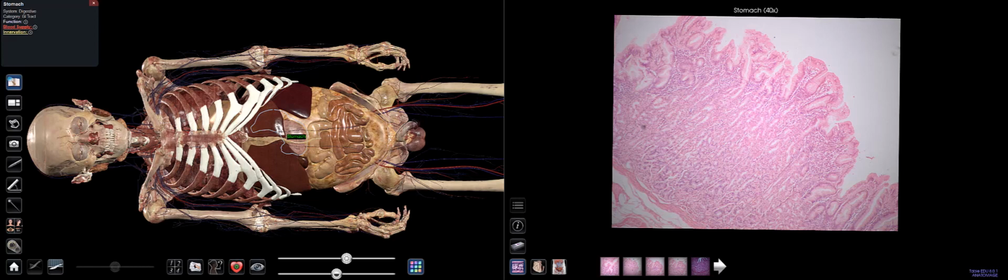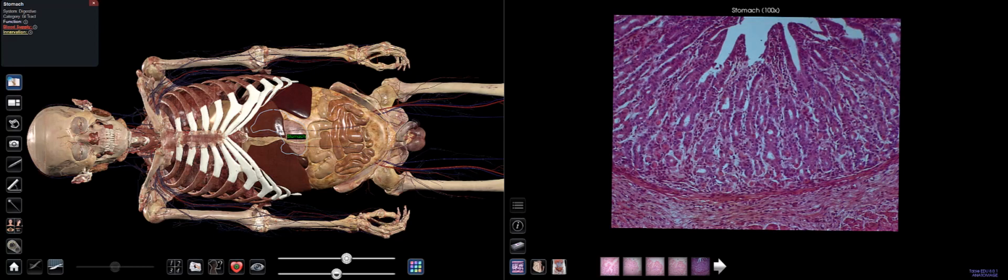But again, the white space is the lumen. You can see the lighter pink cells, and then the darker pink is the basement membrane underneath, and then down here, blood vessels and connective tissue and that kind of stuff. And then even lower, you can see some smooth muscle. Here's another picture.